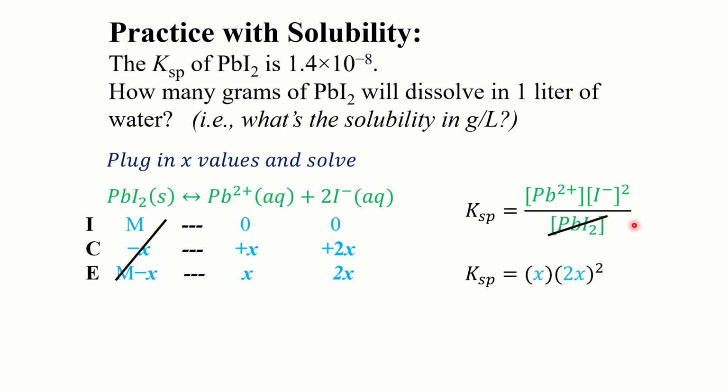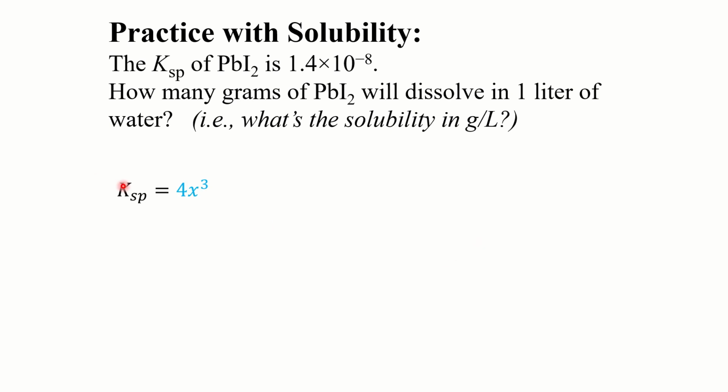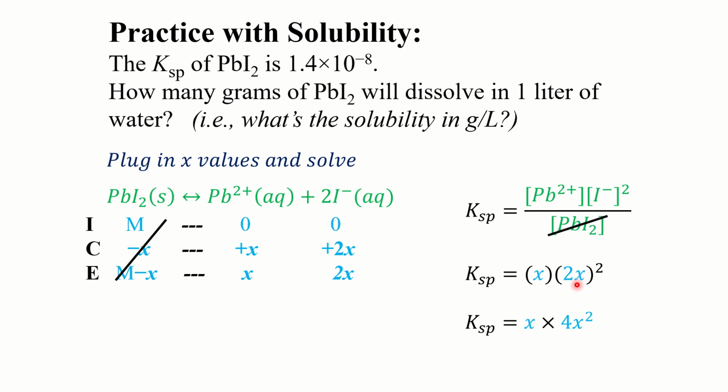So ignoring the PbI2, ignoring the solid, Ksp is equal to the concentration of Pb2+ times the concentration of I- squared, remembering that that coefficient also becomes an exponent. So Ksp is equal to x times (2x) squared, and note the 2x goes inside the parentheses. So this means essentially that Ksp is equal to 4x cubed, since that (2x) squared is equal to 4x squared.